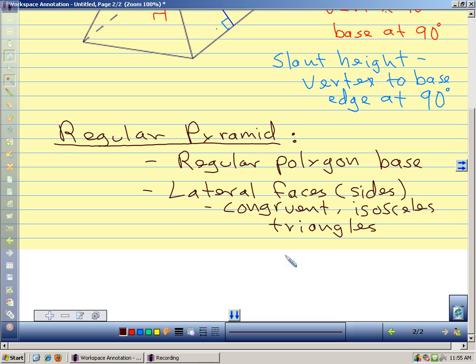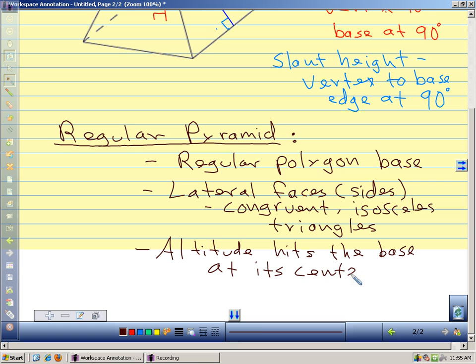So all of our sides are the same size, the same triangles. And one other thing: the altitude hits the base at its center. So that is what makes a pyramid regular.